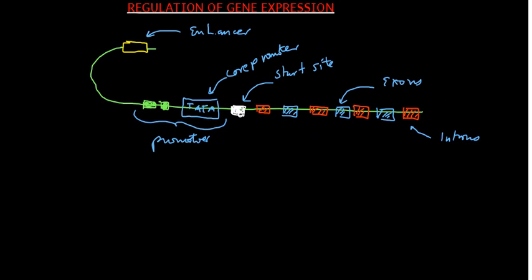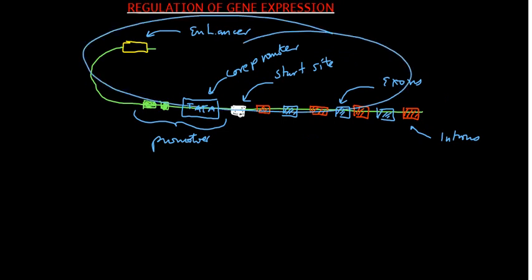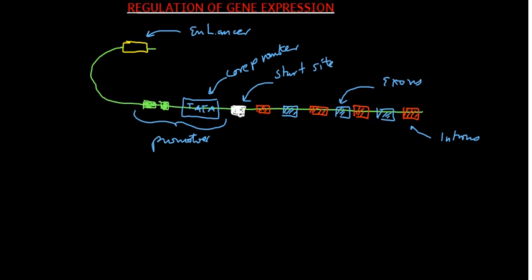So we have components. This is what we are calling a eukaryotic gene. So, components of a eukaryotic gene.